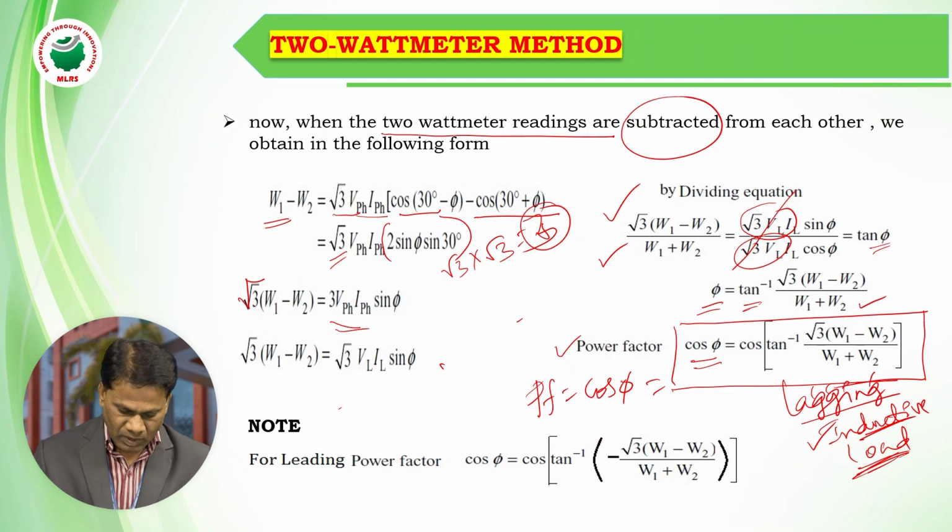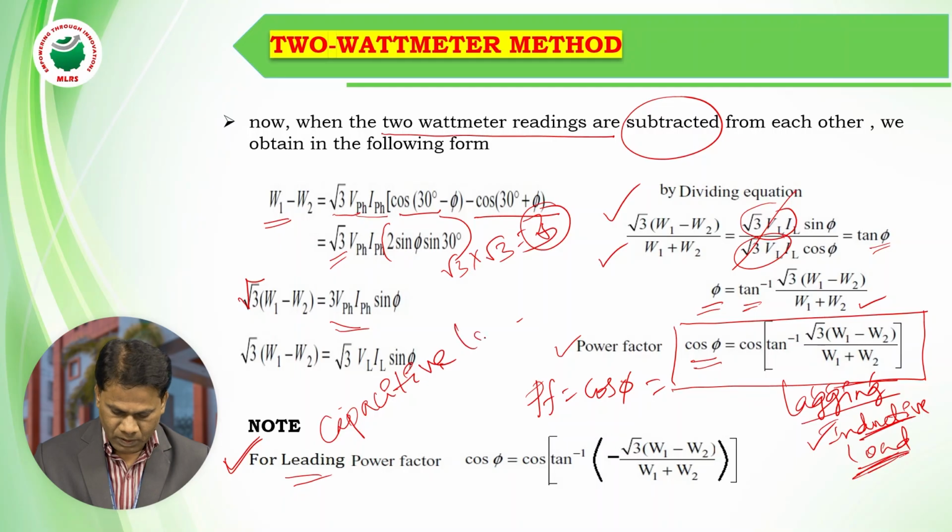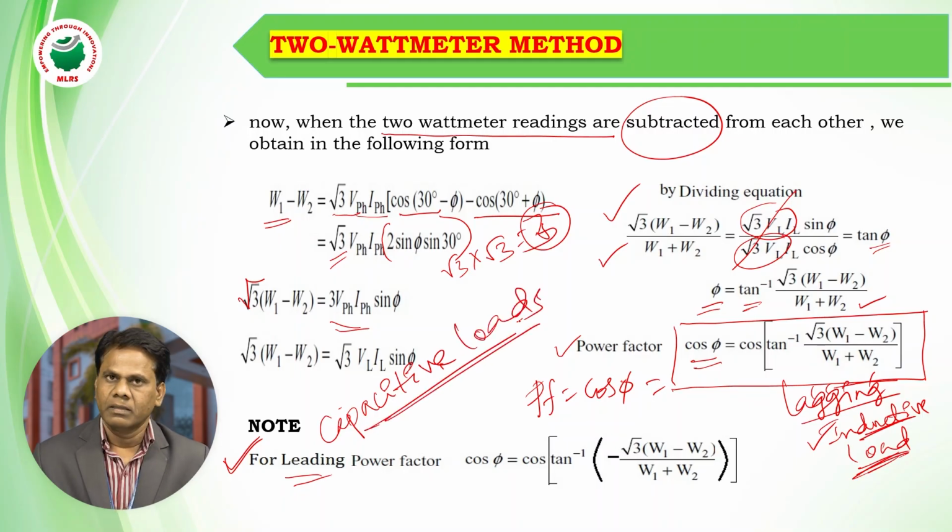Now if we consider leading power factor loads, these are nothing but capacitive loads. For capacitive loads, the power factor is leading. For the leading power factor load, the power factor is given by cos of tan inverse of minus root 3 times W1 minus W2 by W1 plus W2.